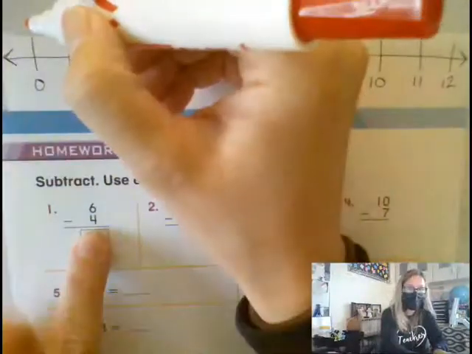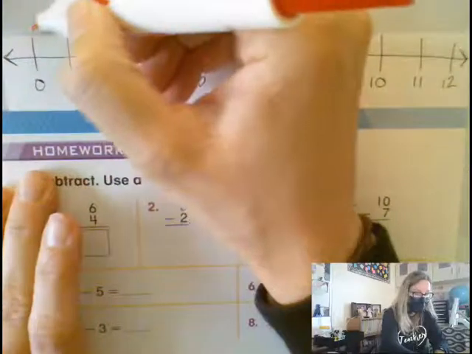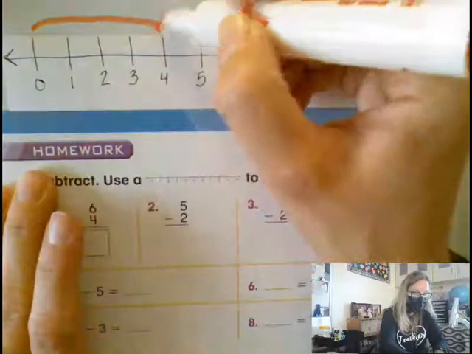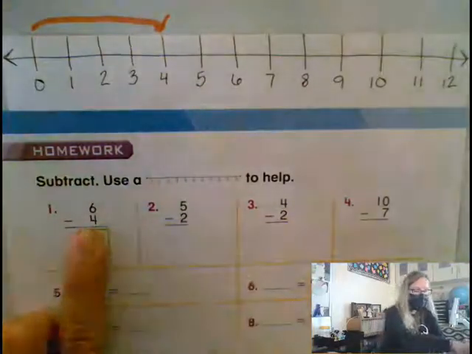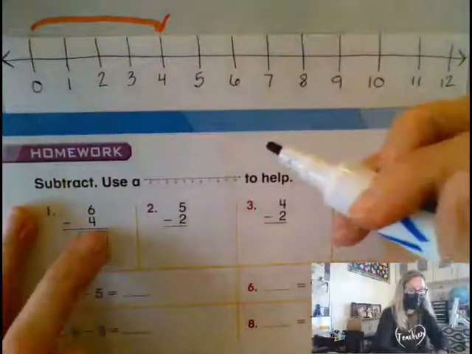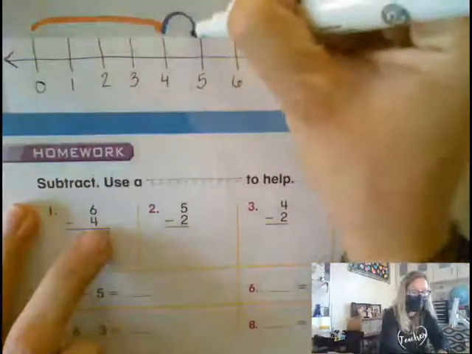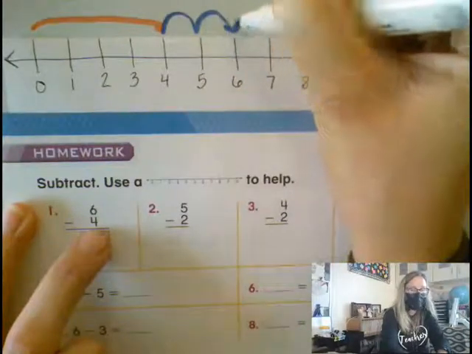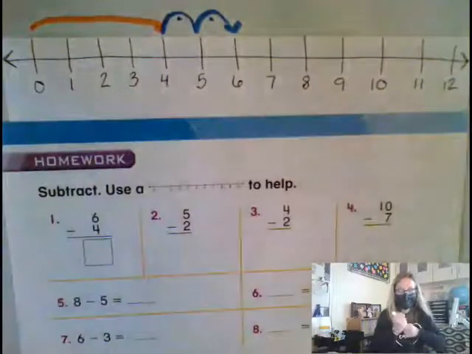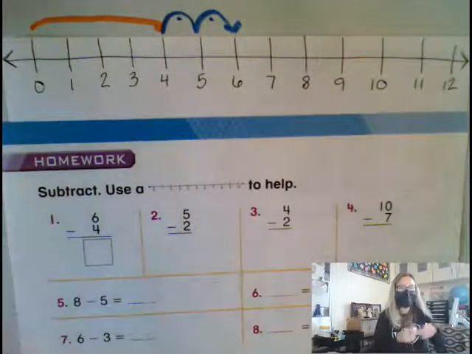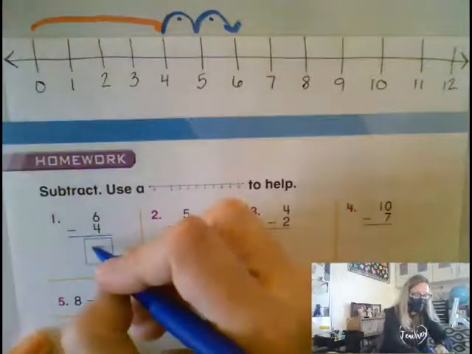So from 0, you should have jumped all the way to 4. And then from 4, we were going up to 6. So we would say ribbit 1, ribbit 2. That was 2 jumps. So my other number that I should have put in the box was 2.